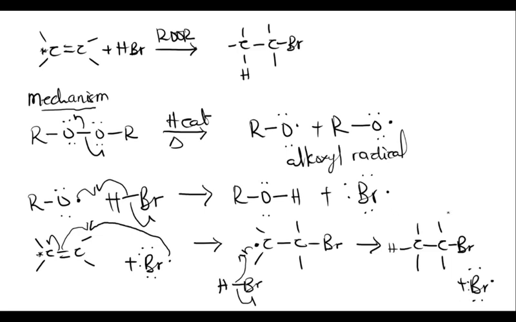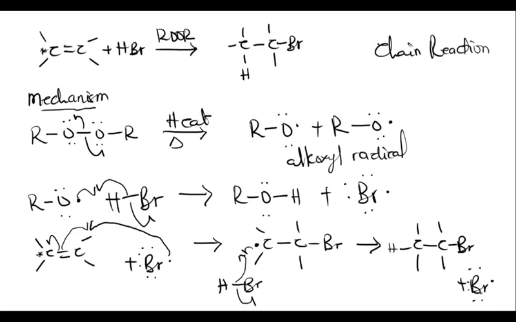Now this is our product. This we have over here is our product, but we can see that we have another bromine radical in solution. Because we still have another bromine radical in solution, this reaction is described as a chain reaction. That is, even upon getting the product, the bromine radical will still be produced.